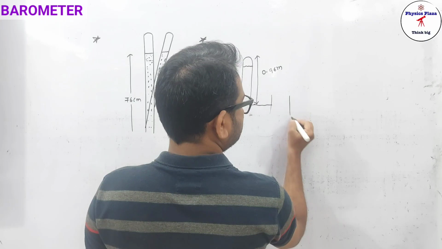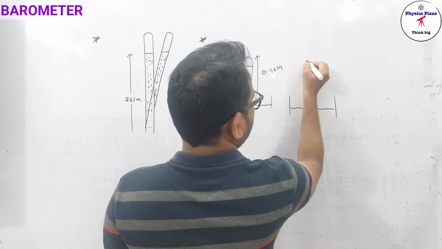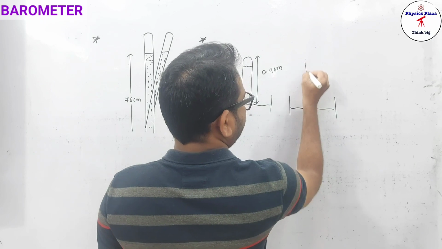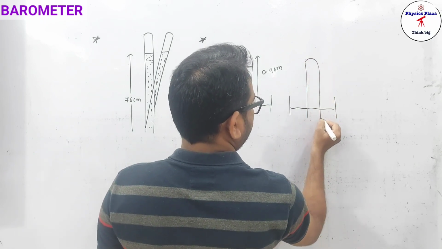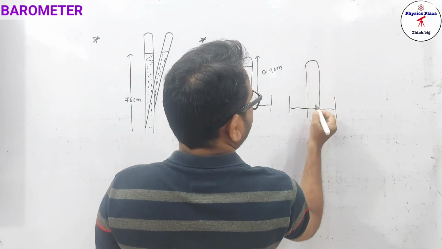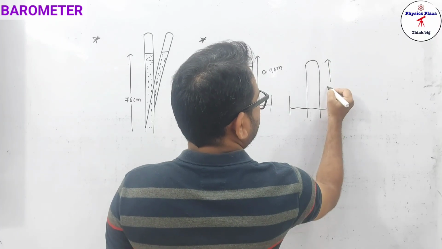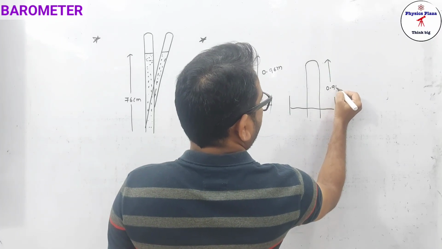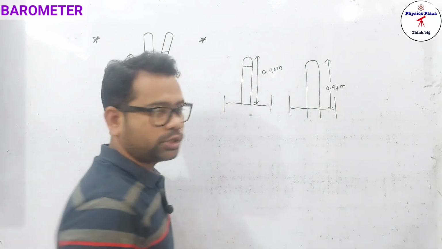Now suppose this glass tube is pushed a little bit inside, such that its height is now 0.94 meters.